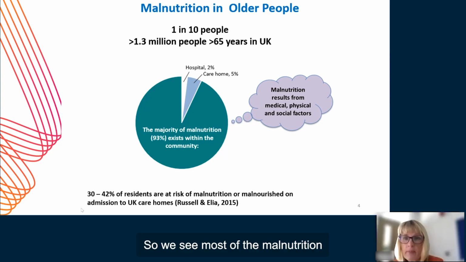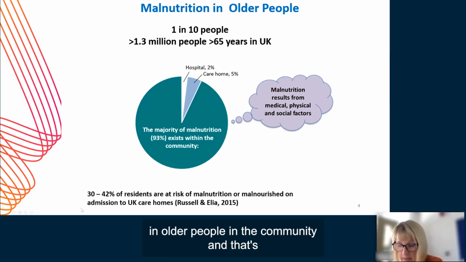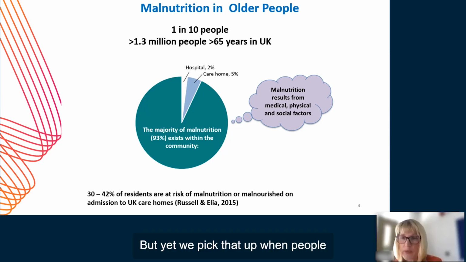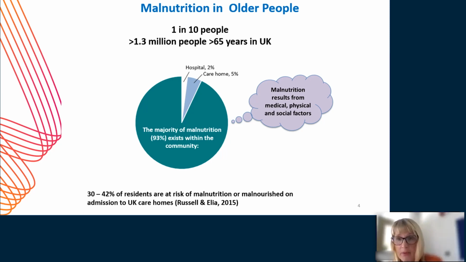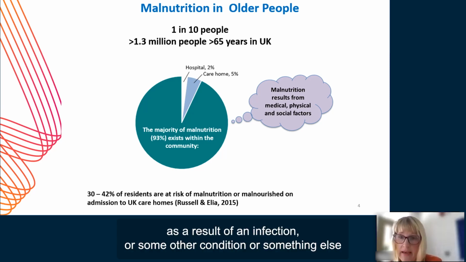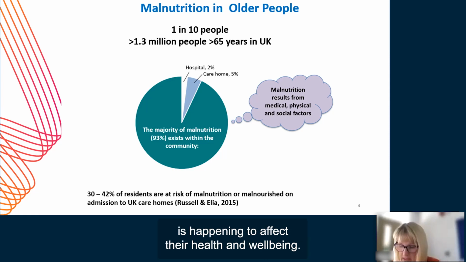So we see most of the malnutrition in older people in the community, and that's why we really do need to have much more of a focus on the community. Yet we pick that up when people maybe enter a care home or are admitted to hospital as a result of an infection or some other condition, or something else has happened that's affected their health and well-being.